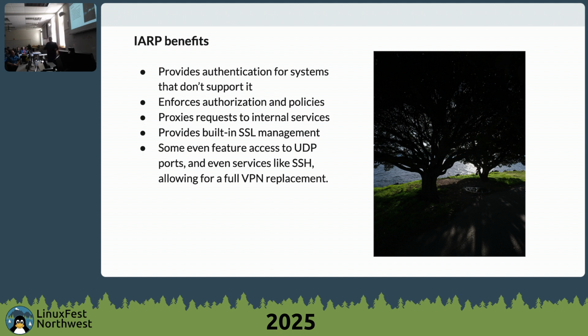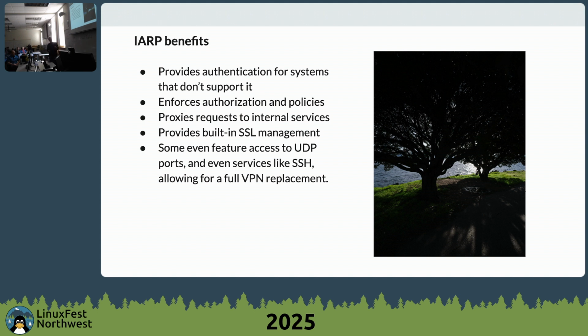And look, we live in the age of Let's Encrypt. There are really nice services for pulling automatic certificates. But many of these have that built in. You just say, hey, do that, and then they do that transparently behind the scenes. And then last, there's been some real movement on this front where they're becoming something more like what we use VPNs for, where there are some that actually feature things like UDP, where you have to authorize first, and then you could do a UDP port to something internally.